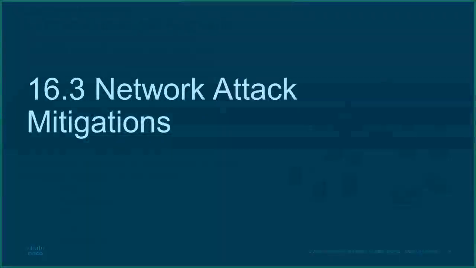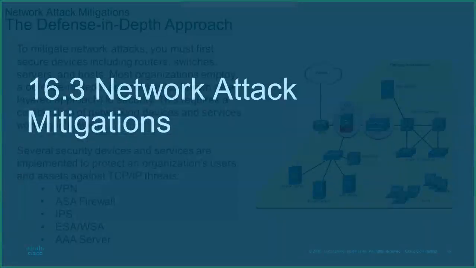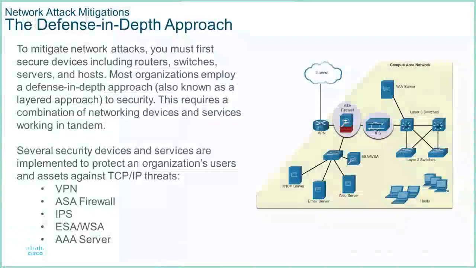Mitigations. So the best defense is defense in depth. In other words, we're not just relying on our firewall, we've got other devices and procedures within the entire infrastructure to protect us.